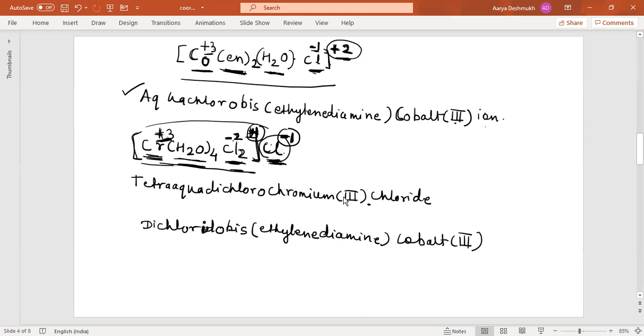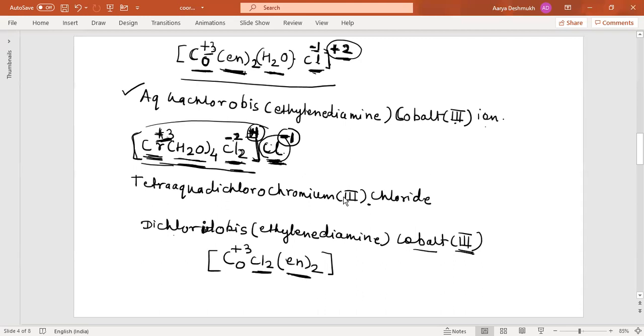Now dichlorido bis: first write the metal, cobalt, then dichlorido means Cl2, and bis(ethylenediamine) means two molecules of ethylenediamine. Here it is written as +3. Ethylenediamine is a neutral ligand.